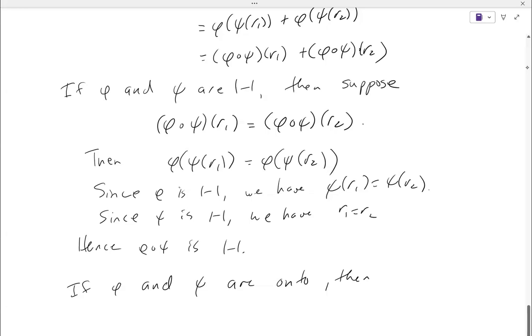What does it mean for a function to be onto again? Don't we just start with f of something is equal to f of something? That's 1-to-1. Onto. Yeah. We just did that one. What does it mean to be onto again?